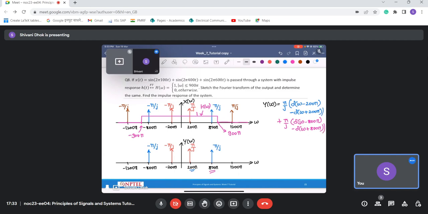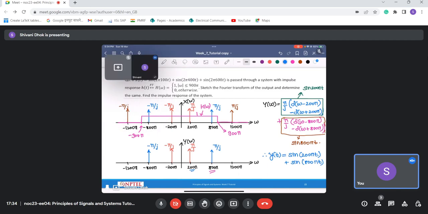Now look at this factor here. This factor is simply the Fourier transform of sine of 200 pi t, and the factor present here is simply the Fourier transform of sine of 800 pi t, and therefore y of t is simply sine of 200 pi t plus sine of 800 pi t.